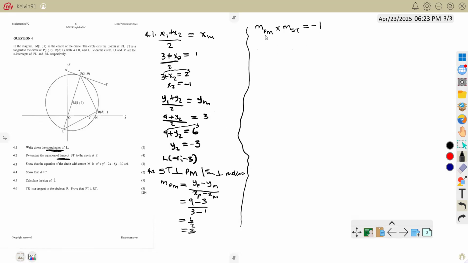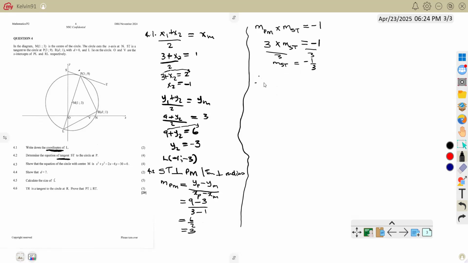So we know the gradient of MP, they are saying is 3, multiplied by the gradient of ST, which is equal to -1. Divide both sides by a 3. So it means the gradient of ST is equal to -1 over 3. Now you have gradient of ST and you have a point. You can now calculate the equation of the tangent.